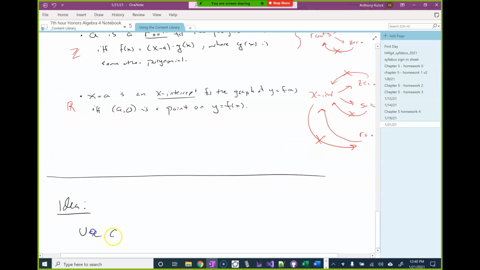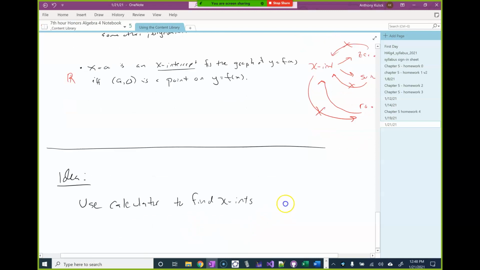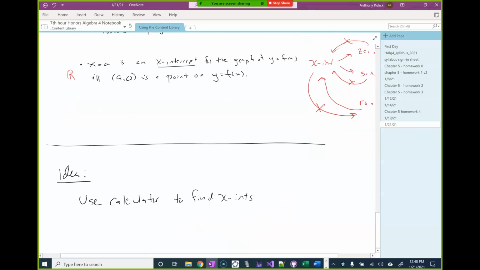We'll check those values, and we'll use the matches to do it. So that's the general outline of what we're going to do.